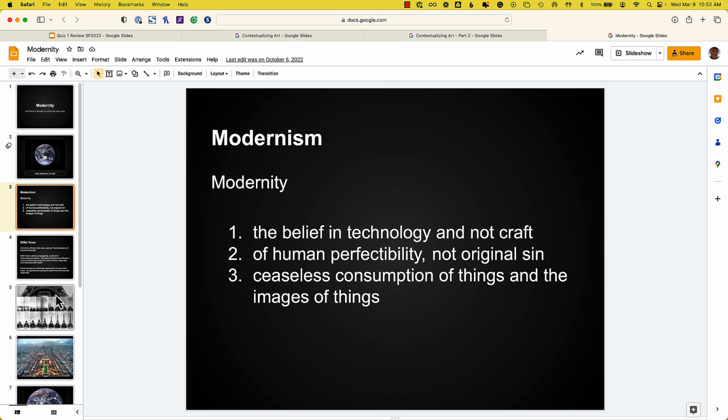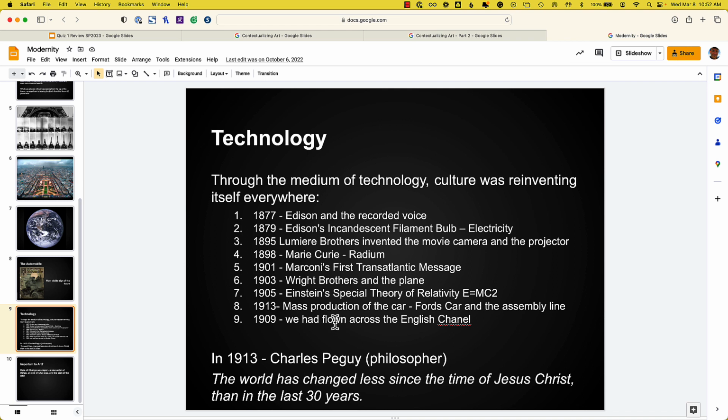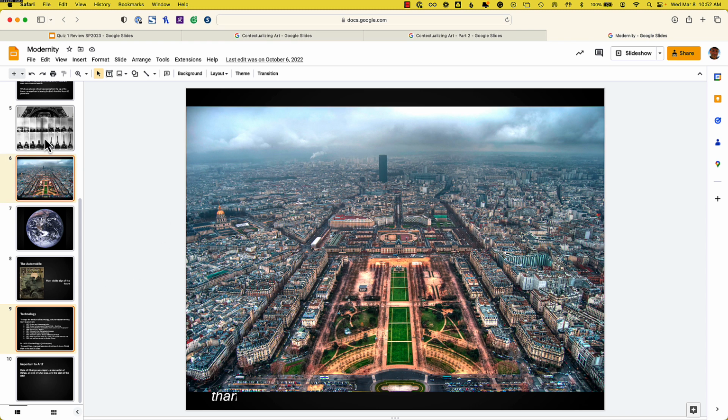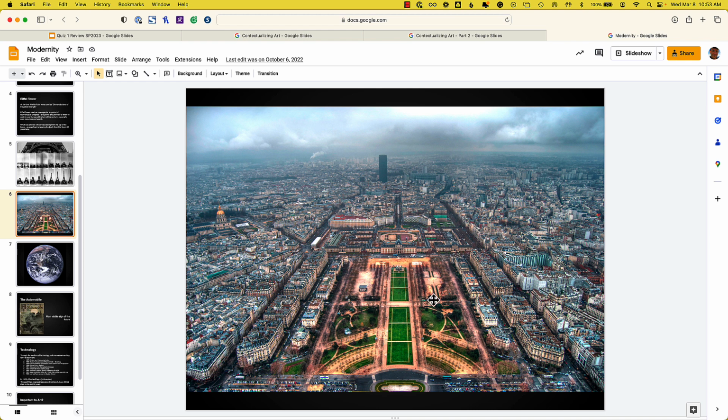And this most visible sign of this future is the car, right? But we talk a lot about the speed and velocity at which we start to see significant transformations in our world around that turn of the century. A couple things to note, like, you know, the building of the Eiffel Tower, this is a good symbol for us. And then elevation, getting to a God's eye view or perspective by something human-made.